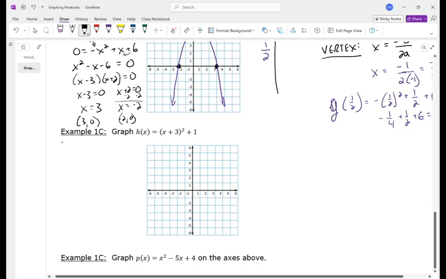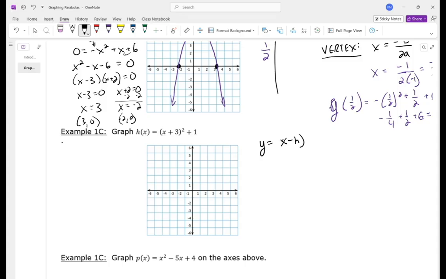So in this example, we have this in vertex form, and I want to remind you, vertex form is (x minus h) squared plus k. And the vertex is the opposite value here, so it is h, and then the same value here.